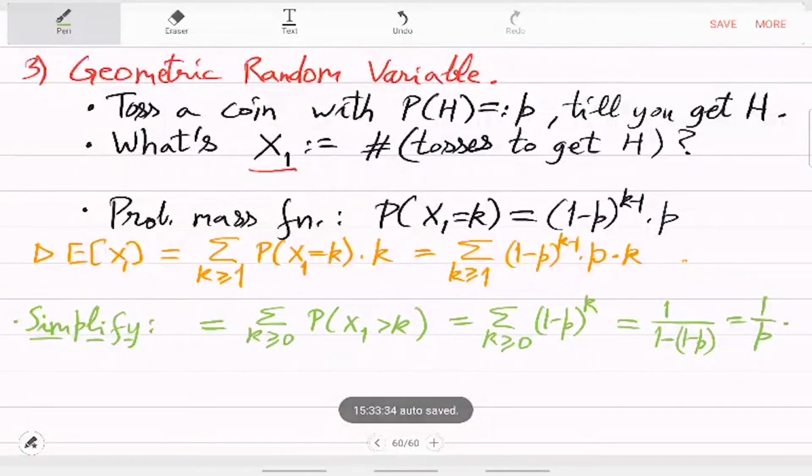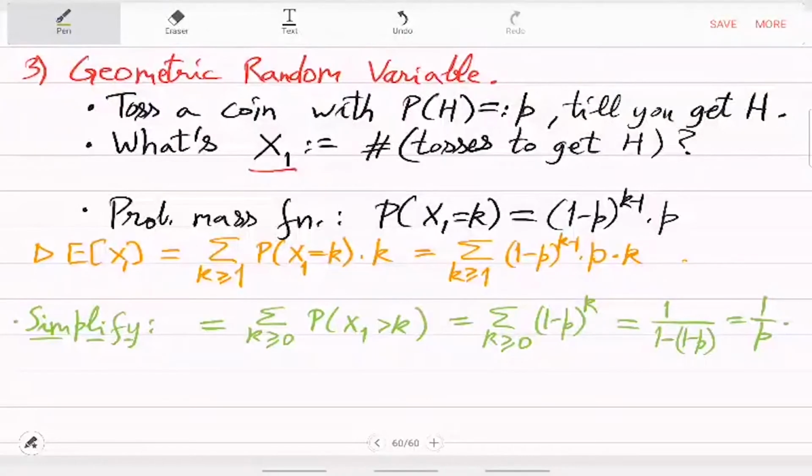Now thinking about this expression, it is somewhat natural because the probability of getting a head is p, which is a fraction. So the expected number of times that you have to flip to get a head should be around 1 over p, also in practice. If you do this experiment, you don't expect a head before 1 over p.